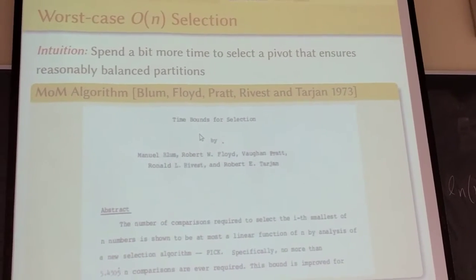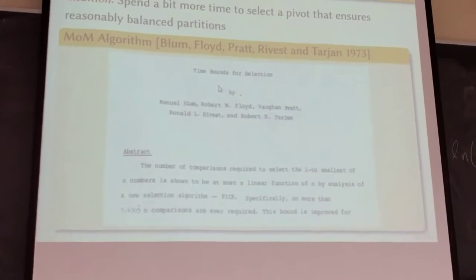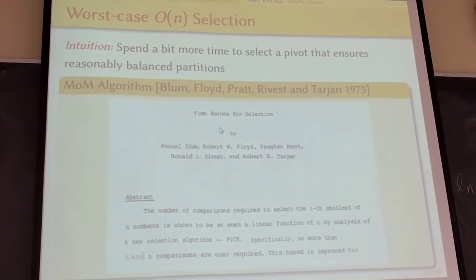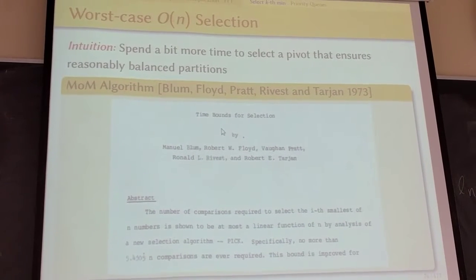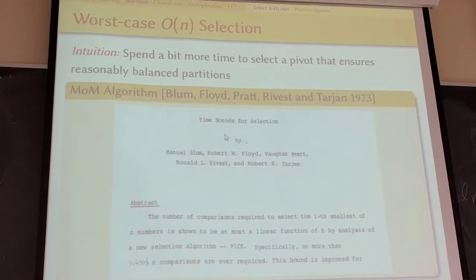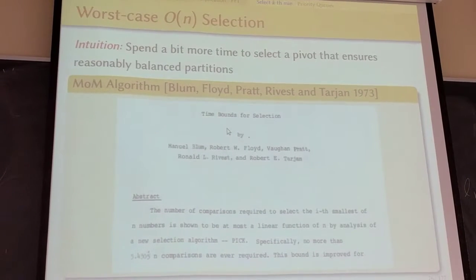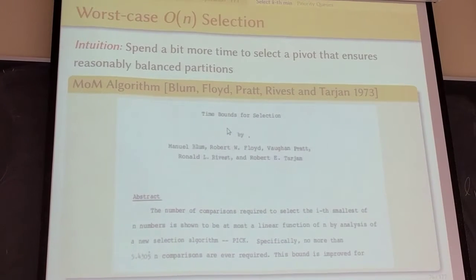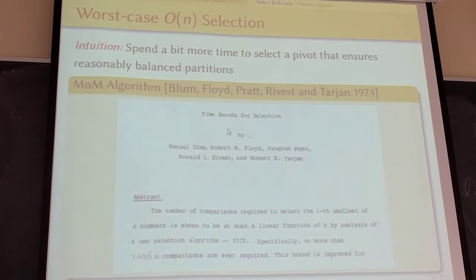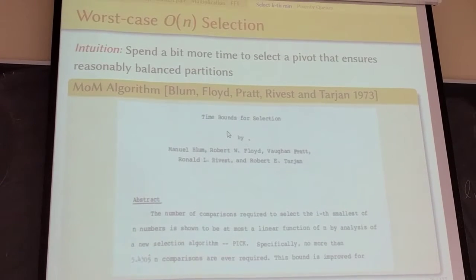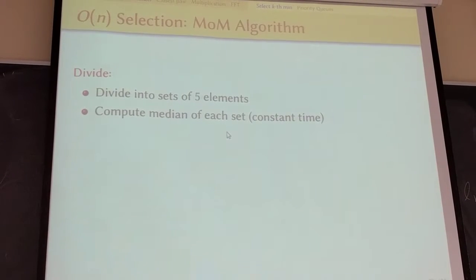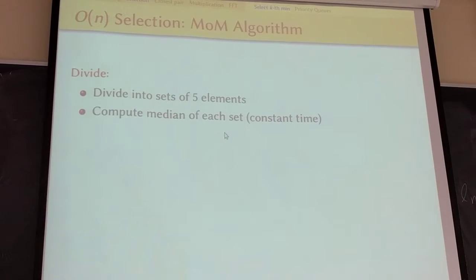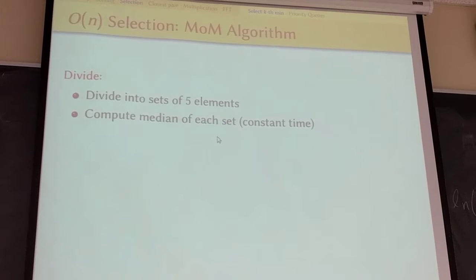So the idea here is that if you spend a little bit more effort in how you pick the partition, and don't just use random or anything like that, then you can actually achieve worst case order of n complexity. Okay, so the basic idea, which I will mention now, and we'll discuss in detail next lecture, is you first divide the set into groups of 5 elements each.